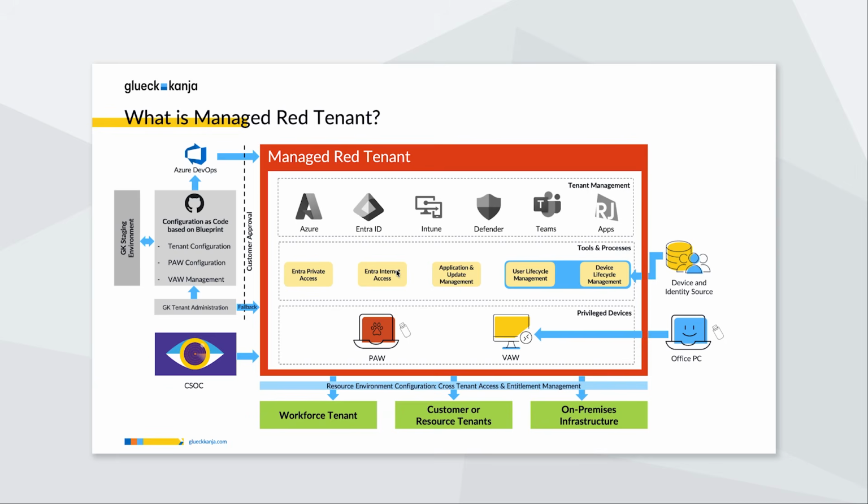So there are situations when you want to access a virtualized environment, and maybe you don't want to hand over privileged admin workstations to everyone in your administration team. That's why we integrated the virtual access workstation, the VAW, into the design, which can be accessed from the Office PC. Let's have a closer look at this PAW and this VAW and what the differences are, right?